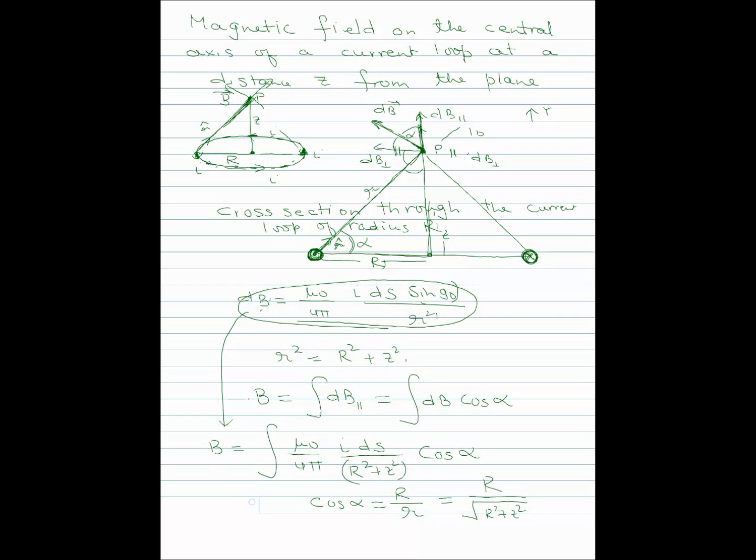So let's plug that in over there, and what we will find is that B, which is equal to the integral of dB parallel, will turn out to be mu 0 over 4 pi I integral ds over r square plus z square times cosine alpha, which is R divided by r square plus z square to the power half.